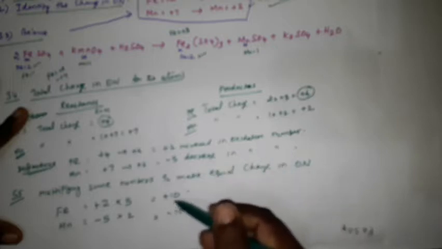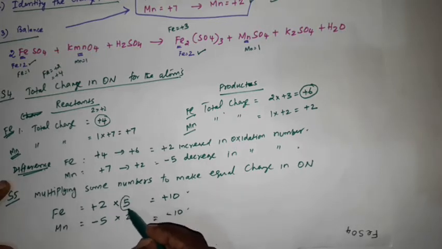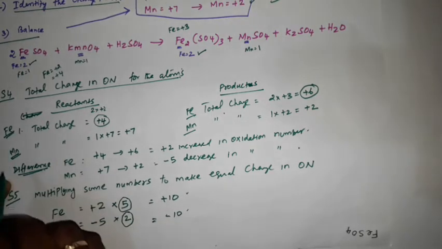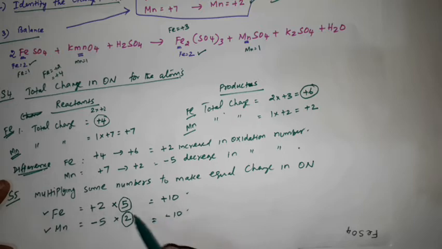Clear? So Fe you have to multiply by 5 and manganese you have to multiply by 2. So this is the number you have to use to multiply in the equation also. Wherever Fe comes you have to use 5, wherever manganese comes you have to use 2. Okay. So I will show how to use this number to balance the equation in the next step.